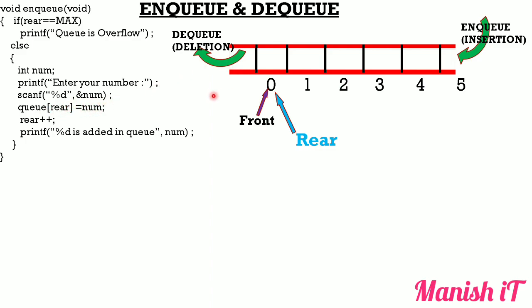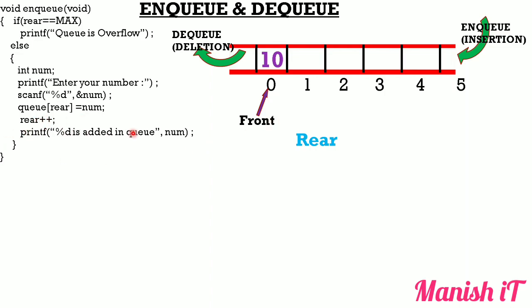Suppose the user has entered 10. Then 10 is stored, and our rear is incremented by 1.